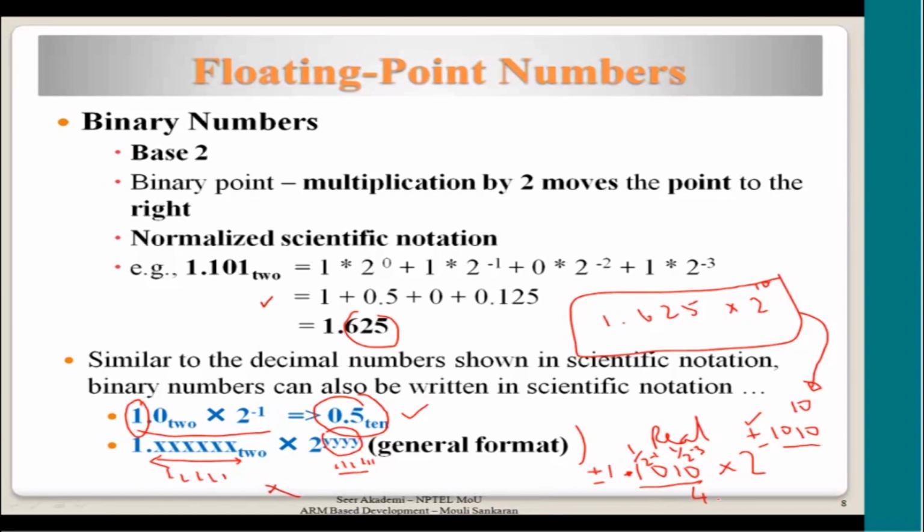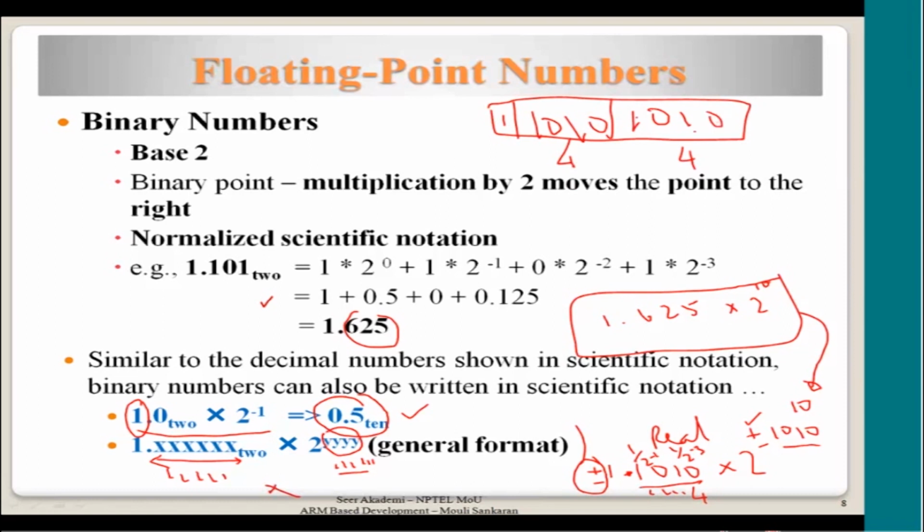Provided I have given you, you can represent some binary values in 4 locations. So effectively what I am trying to say is, suppose you are given a space to represent this sign, plus or minus, and then you are given 4 digit locations to represent this number, and then I have given you 4 more digits to represent 2 power something. Now I need to give you another space for a plus or minus here.